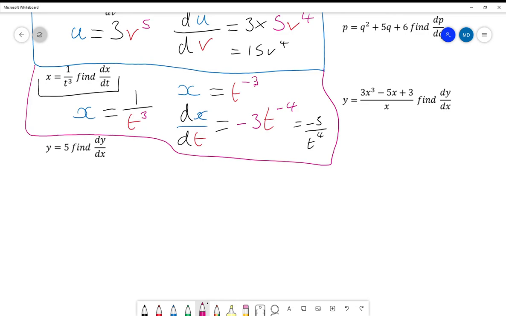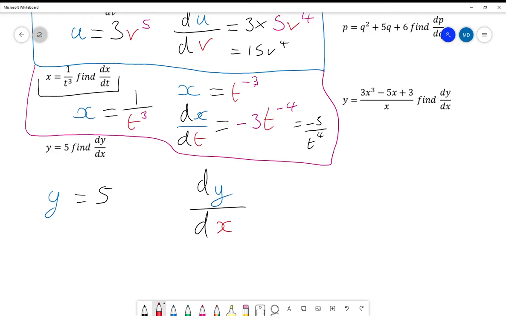Now, this one down here, y equals 5, find dy by dx. Now this one seems a little bit awkward because there's no x there. What we're going to do is just carry on exactly as we were and go y is equal to 5, and we want to find dy by dx. But where's the x?